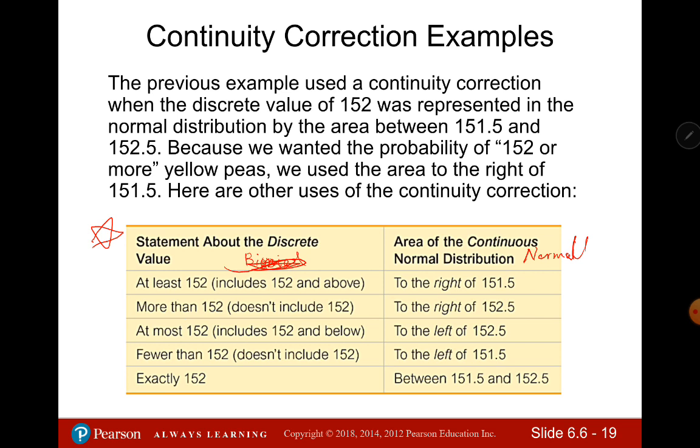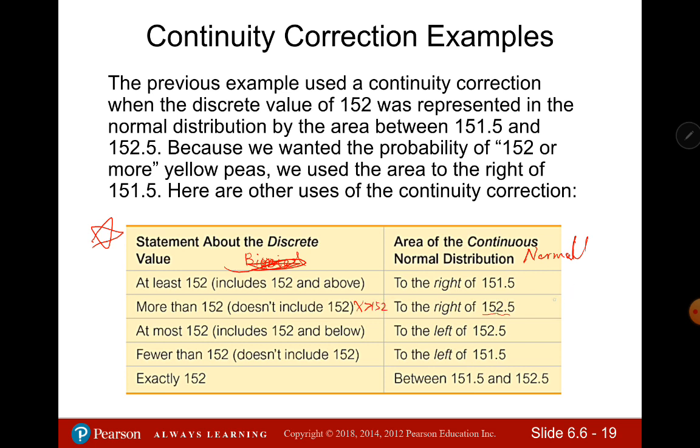More than, so it doesn't include it. It's not possible to get 152, any value greater than it but never equal to, so it does not include 152. Then we should pick 152.5 to make sure 152 is excluded. So for example, we say the single value x is greater than 152, right?